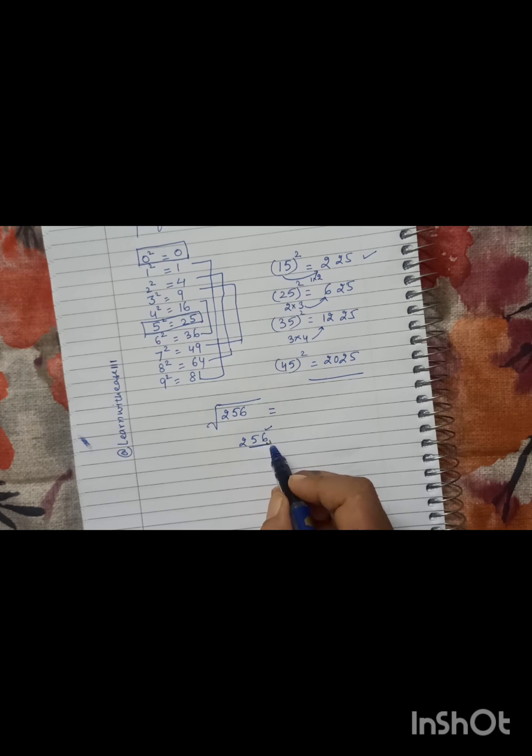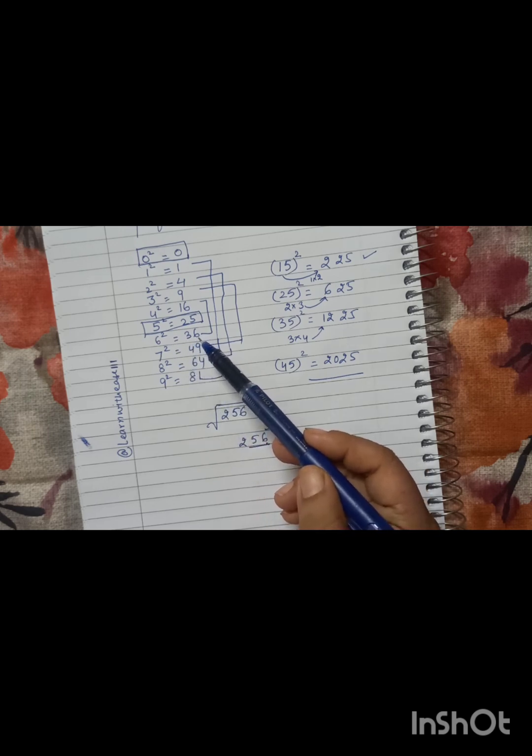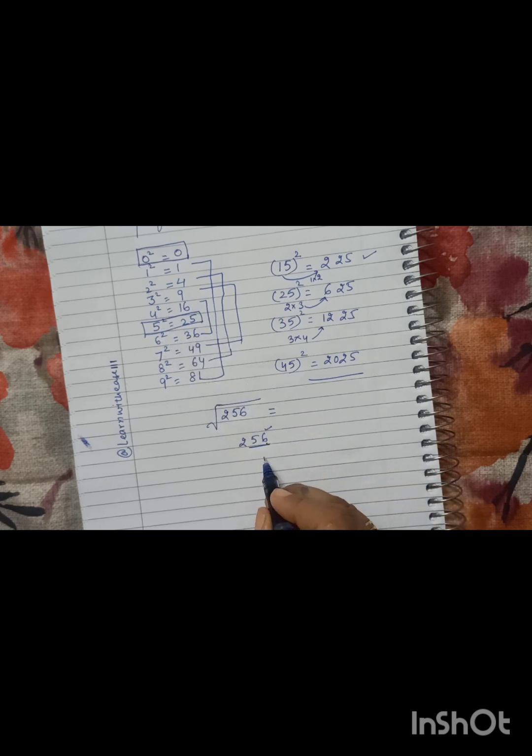So there are two options which will give me the digit 6 at ones place, either 6 or 4. So either the answer will have 4 at ones place or 6 at ones place. We'll figure this out in a moment.